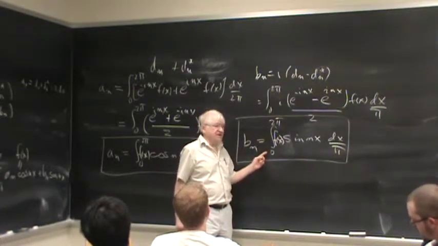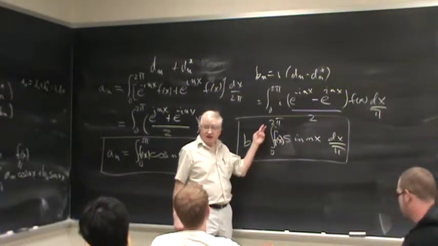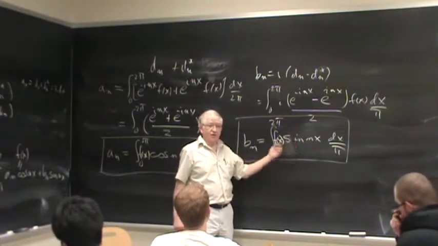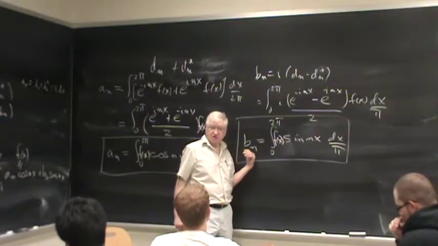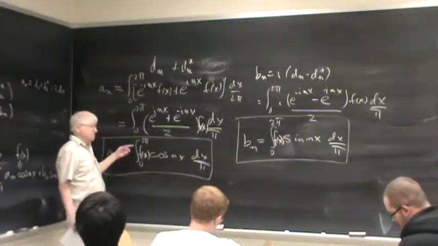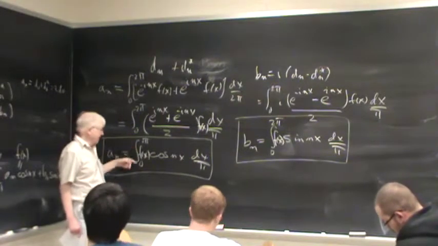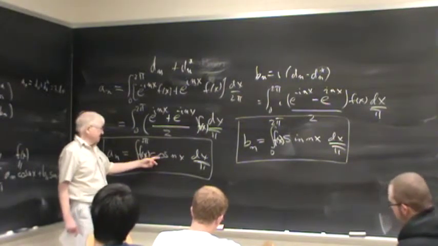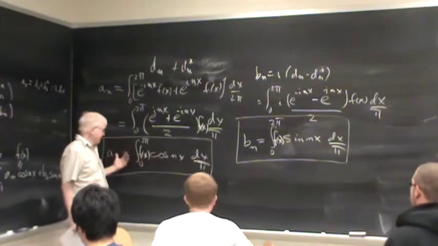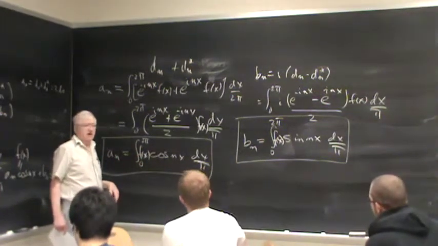Then I would recommend choosing the interval minus pi to pi, because then f will be even, the sine will be odd, all the b's will vanish. On the other hand, if f is an odd function, also choose the interval minus pi to pi, because then the cosine is even, the function's odd, these a's will all vanish.